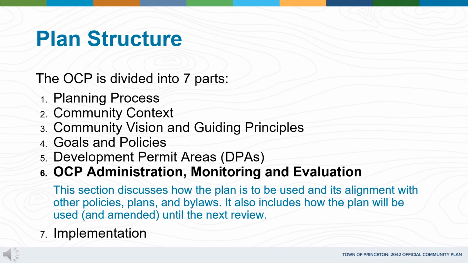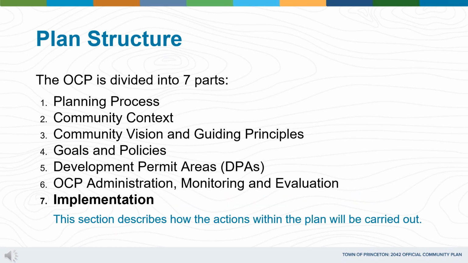Part 6, OCP Administration, Monitoring, and Evaluation, discusses how the plan is to be used and its alignment with other policies, plans, and bylaws. It also includes how the plan will be used and amended until the next review. Part 7, Implementation, describes how the actions within the plan will be carried out.